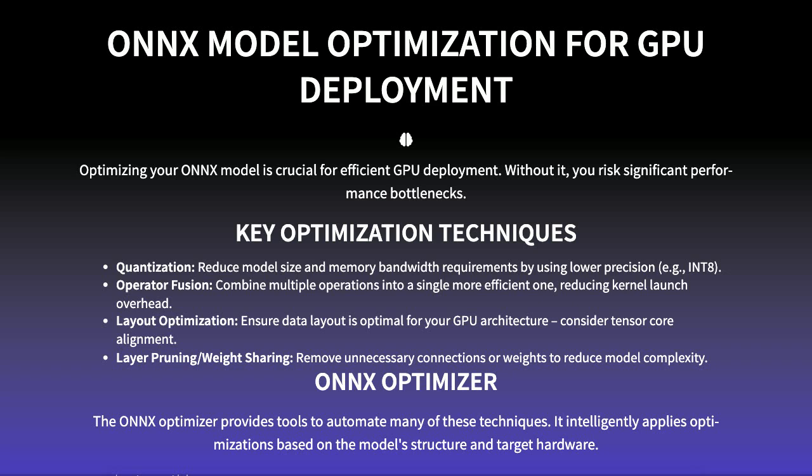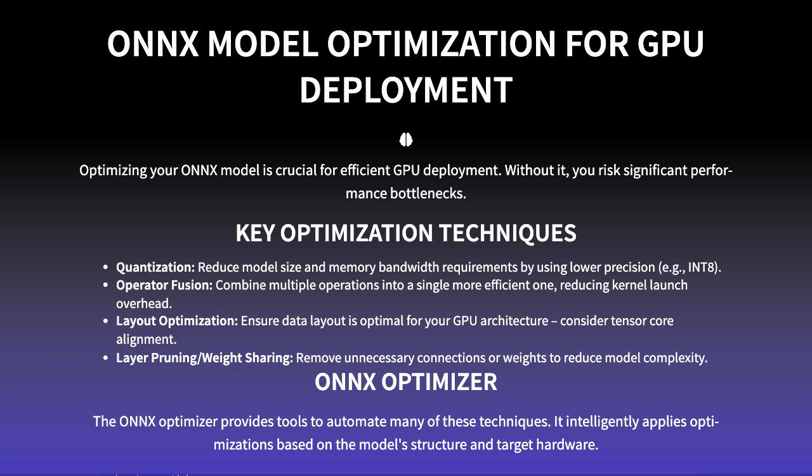Then there's operator fusion, basically combining multiple operations into one, making things faster. Next up is layout optimization, aligning your tensors to take full advantage of the GPU architecture, particularly tensor cores. And finally, consider pruning or weight sharing if you want to really slim down the model without sacrificing too much accuracy.